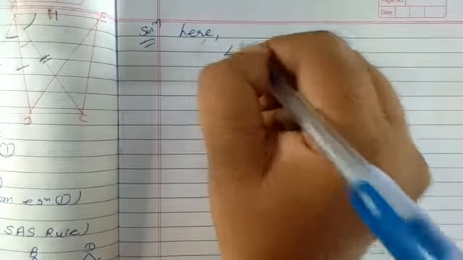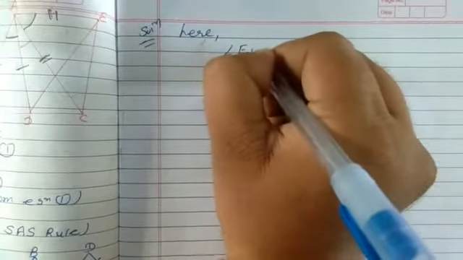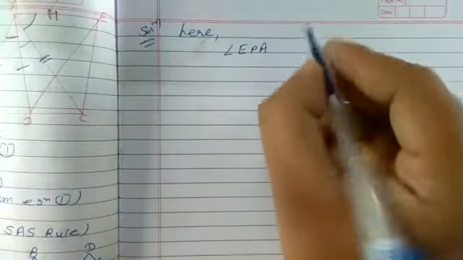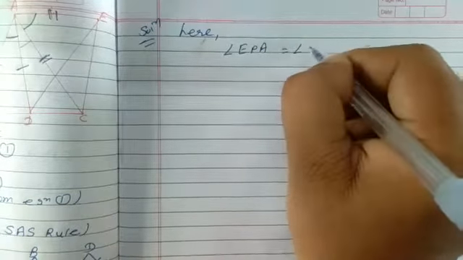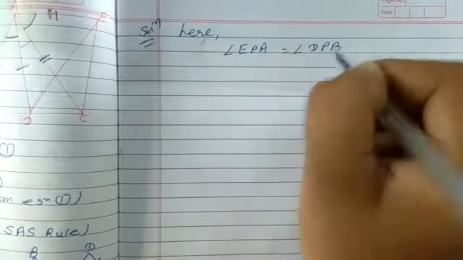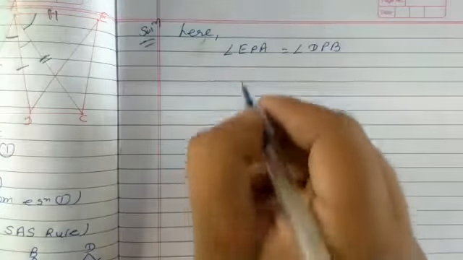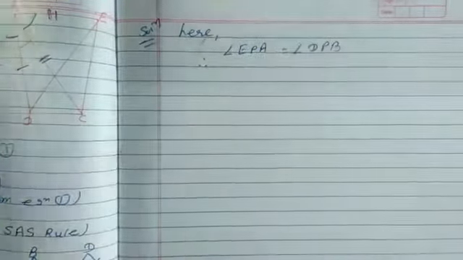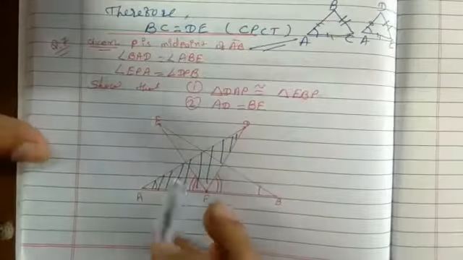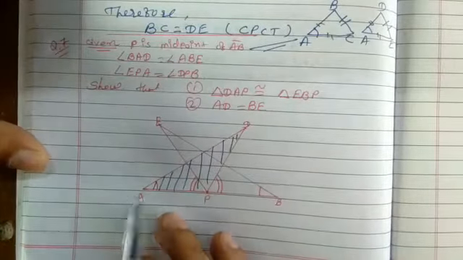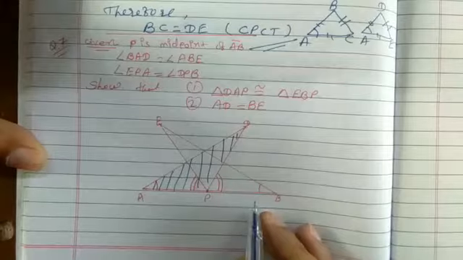Here we have data. Angle of EPA is equal to angle of DPB, okay. Now EPA is equal to DPB.